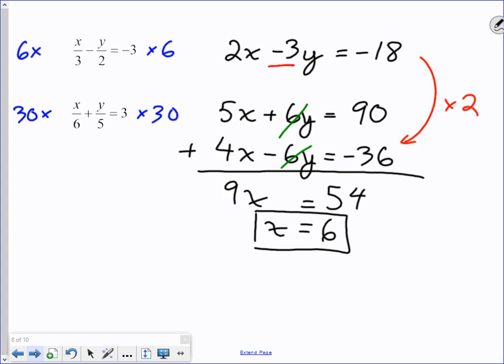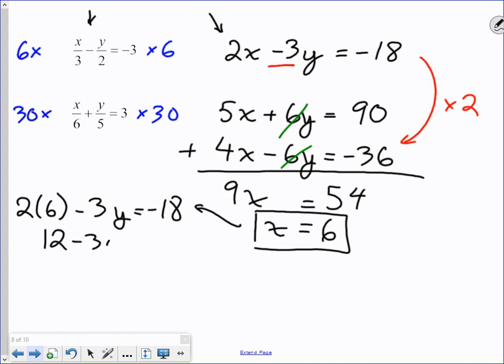Now, I wouldn't probably go back to one of my original equations here to solve for y. I would probably go to this equation right here and sub in my value for x. So 2 times x minus 3y equals negative 18. Let me sub that in over there. 12 minus 3y equals negative 18.